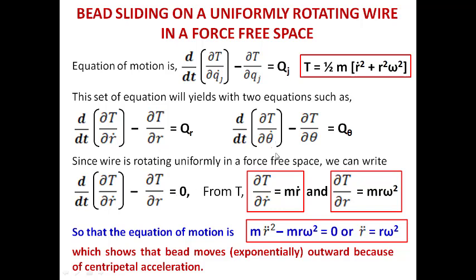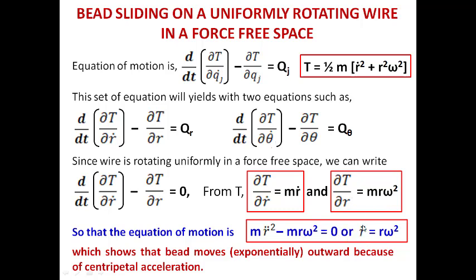From the value of T, I can calculate dou T by dou r prime equals m r prime, and dou T by dou r equals m r omega square. If I substitute these two terms in the equation of motion for the radial motion of the bead, d by dt of m r prime equals m r double prime, minus m r omega square, equals 0.